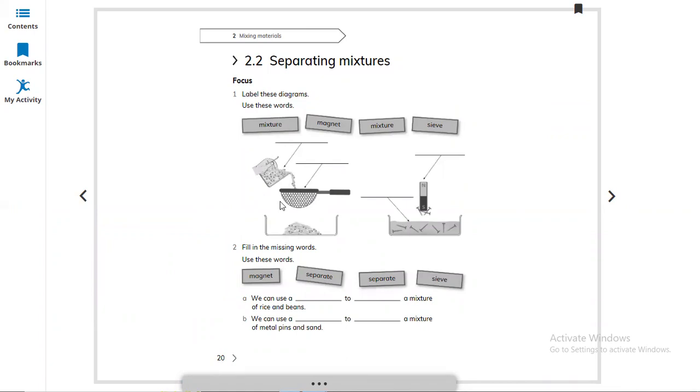We are making tea, and we are using the sieve to take the tea out from the teacup. So let's write here, this one mixture and this one for separating.